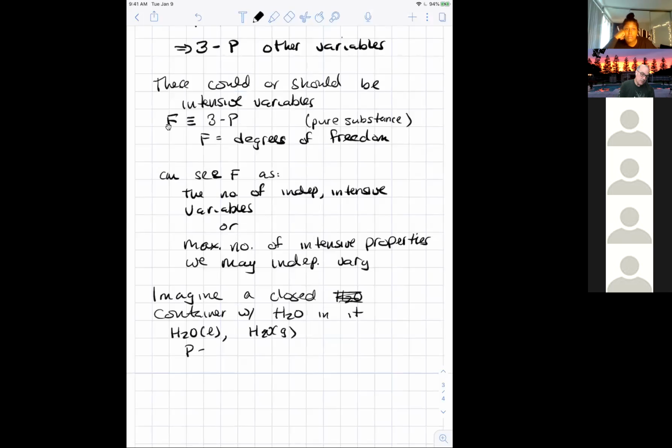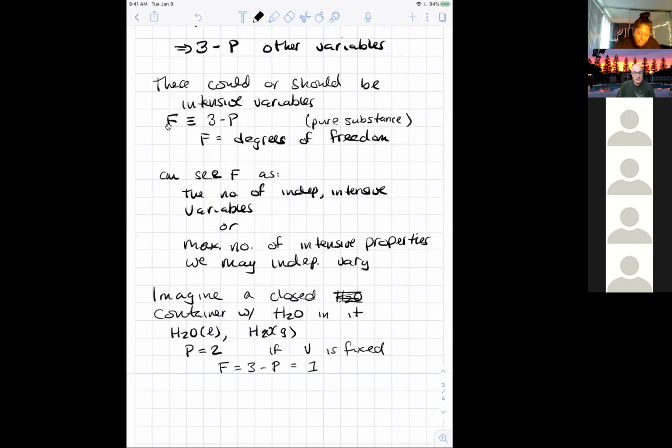So we have these two phases, P equals 2. So if V is fixed, then the phase rule says F equals 3 minus P equals 1. So there's only one variable that we can change independently, right?